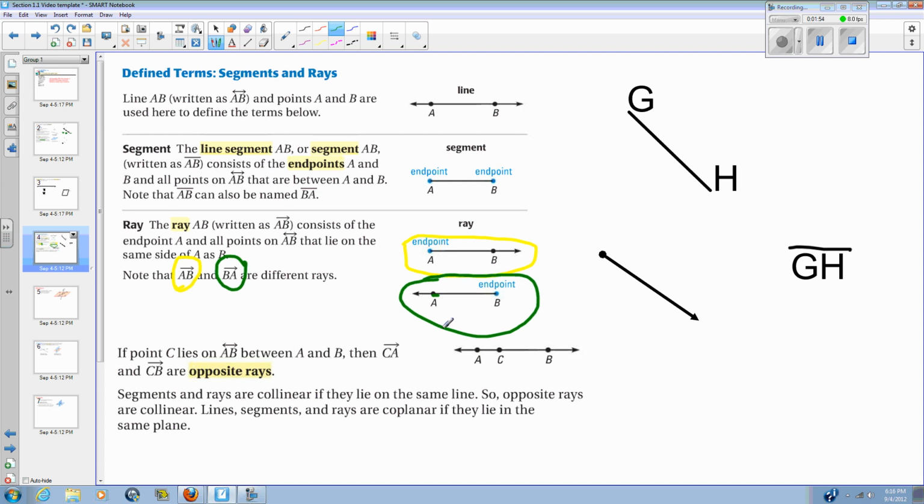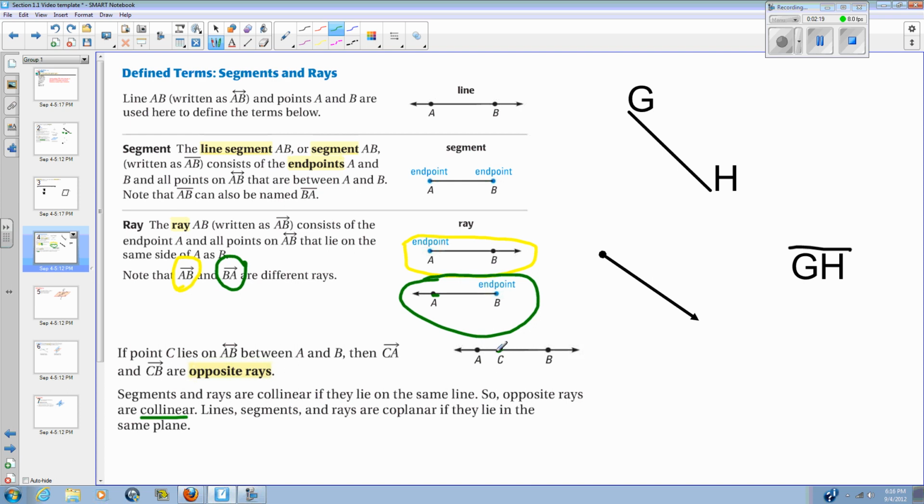Now, what happens if I take two rays and they share a common endpoint? Well, depending on how they line up, if they line up so the two rays are collinear, then the two rays create a straight line. In this case, notice how I have two rays pushed together.